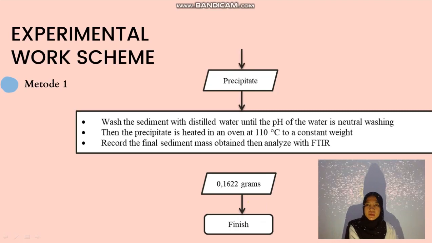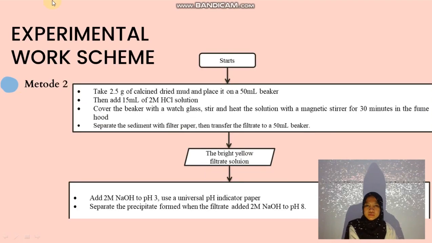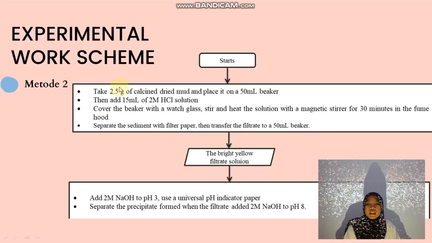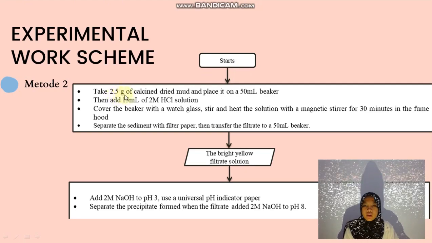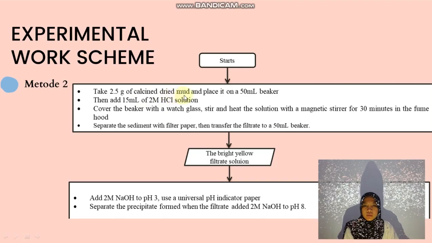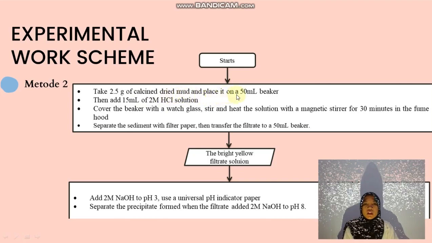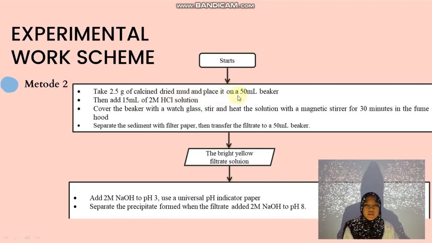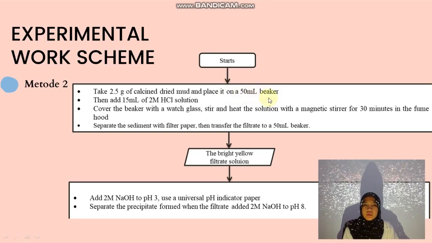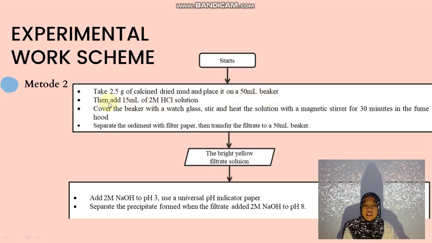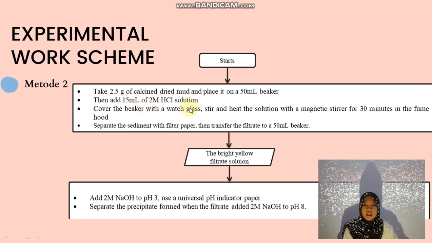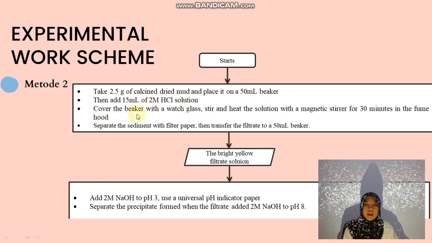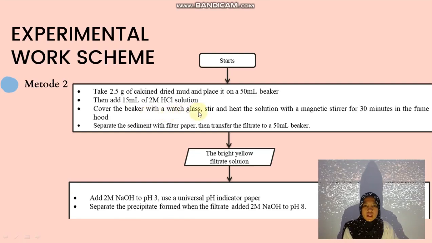Next, method 2 starts by taking 2.5 grams of red mud and placing it in a 50 ml beaker. Then add 15 ml of 2M HCl solution and cover the beaker with a watch glass.